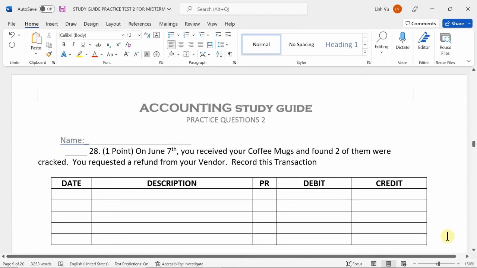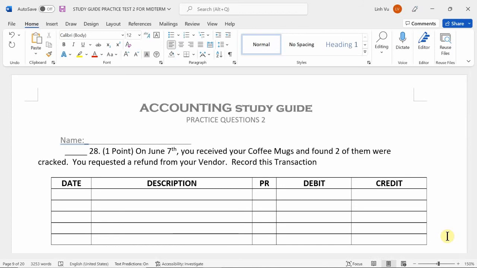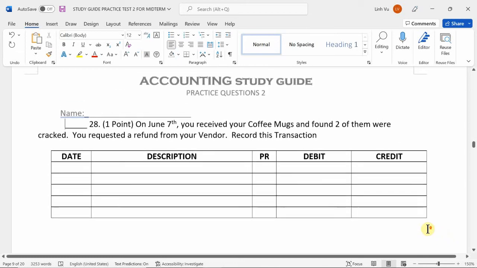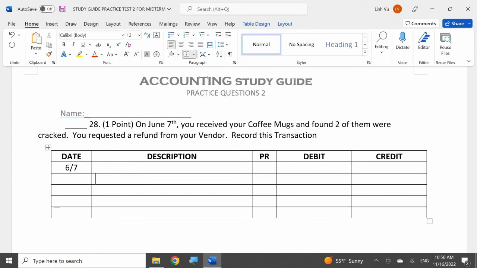Then the next question says, question 28, if on June 7 you received your coffee mugs and found that two of them were incorrect, so you requested a refund from your vendor. Record this transaction. So in this case, it's June 7. You ended up returning the merchandise. So in this case, it's going to reduce your accounts payable. And you're going to take that out from your coffee mugs.